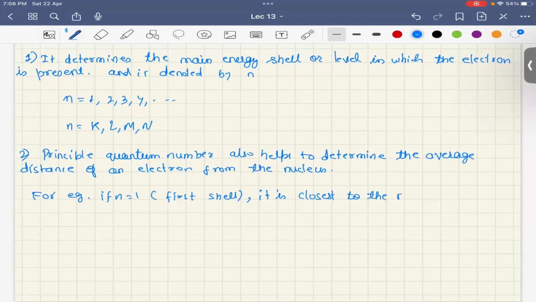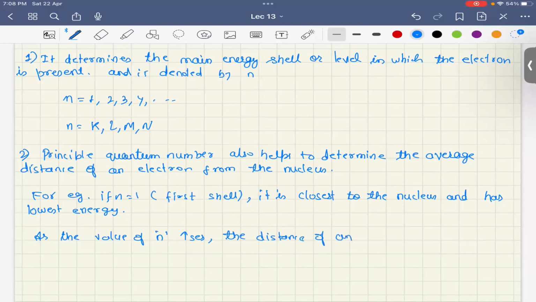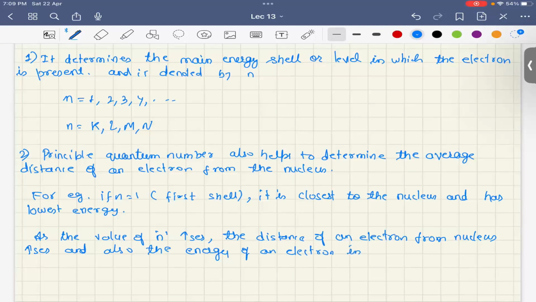As the value of n increases, the distance of an electron from the nucleus increases, and also the energy of an electron in that shell increases.